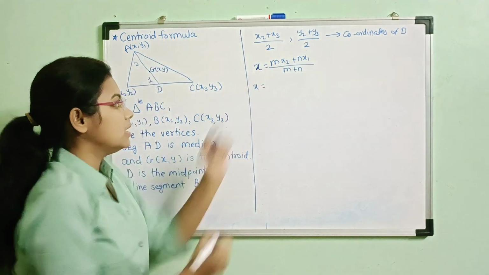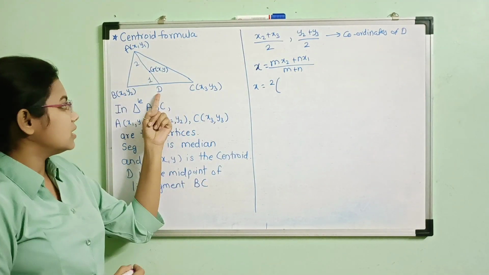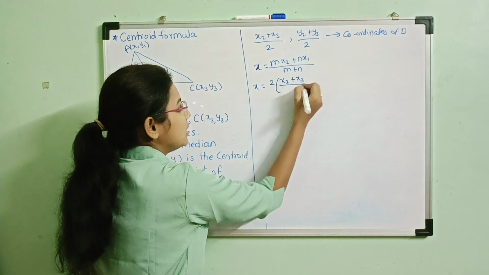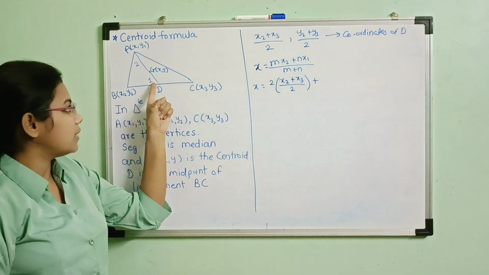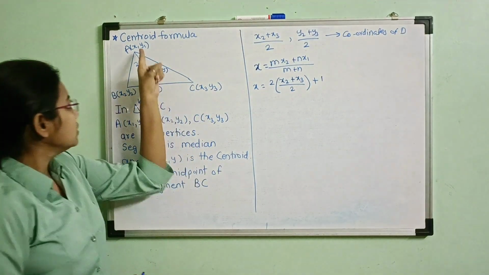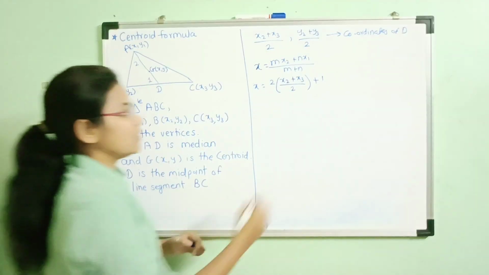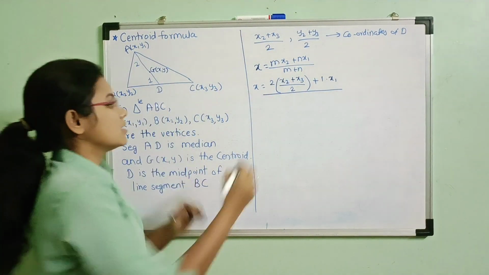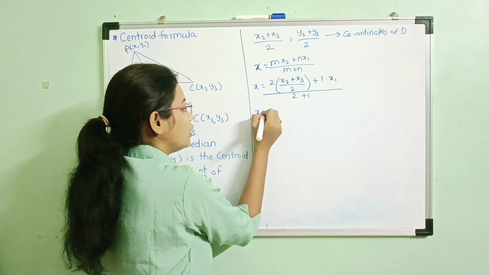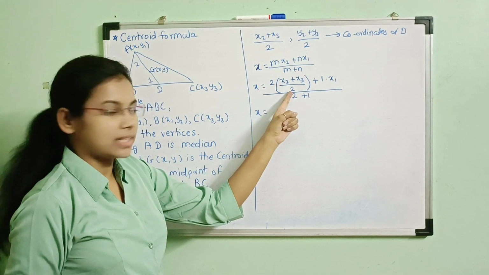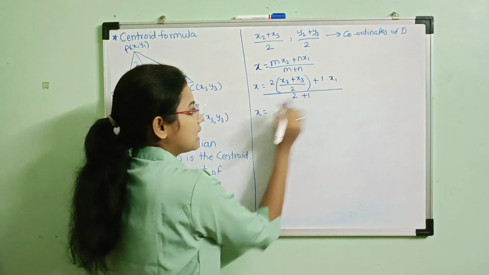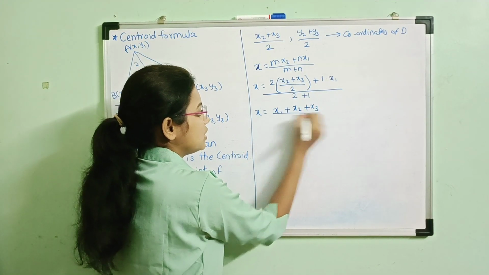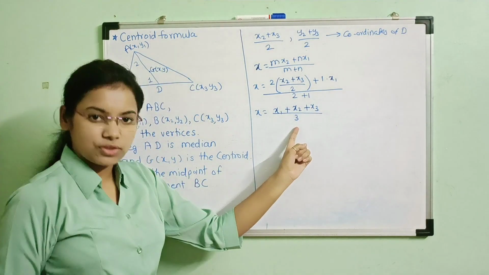So x will be 2 into, what is the x coordinate of D here, x2 plus x3 divided by 2, plus the value of n is 1, and the x coordinate of A is x1, so x1 is as it is, divided by m plus n, means 2 plus 1. Then the 2 and 2 will get cancelled. So we can write this as x1 plus x2 plus x3 divided by 2 plus 1, which is 3.